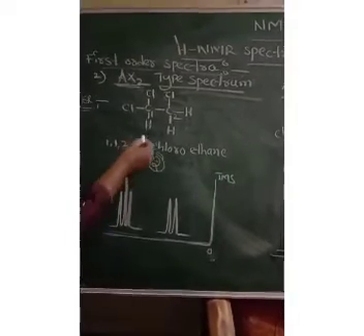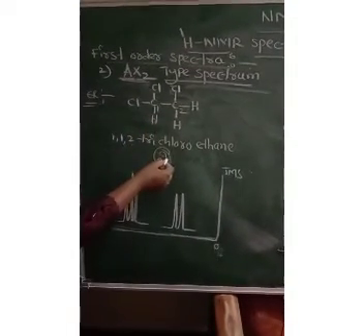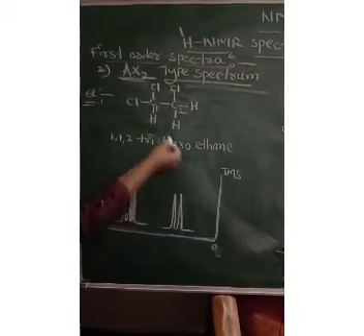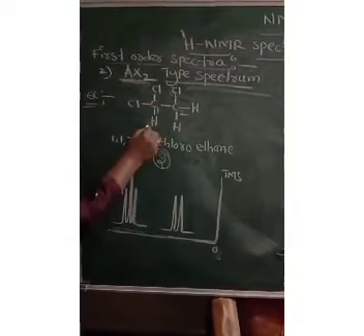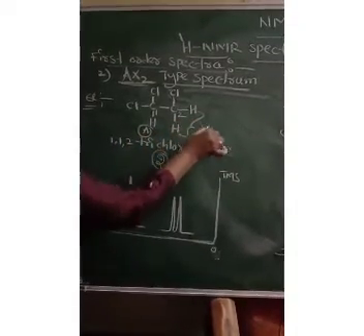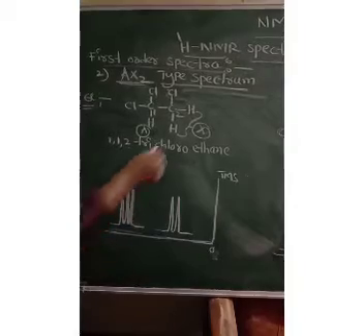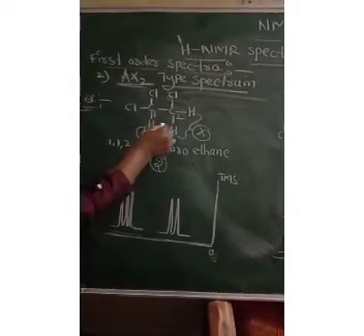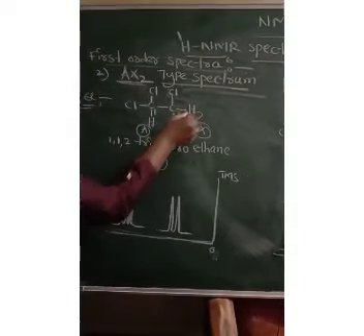For non-equivalent protons, the number of non-equivalent protons equals the number of signals, right? The A type of proton is this one, and the X type of protons are these. Here only 1 A type proton is present, and the X type protons are two protons.